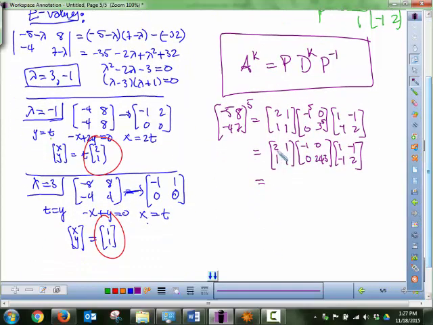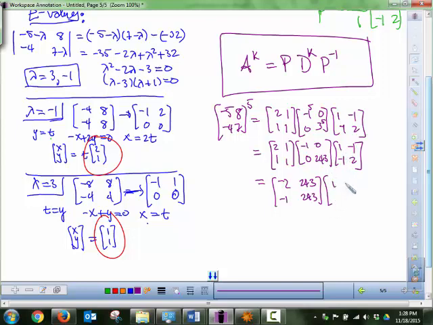I'll do the first two first: that gives [-2, 243; -1, 243].